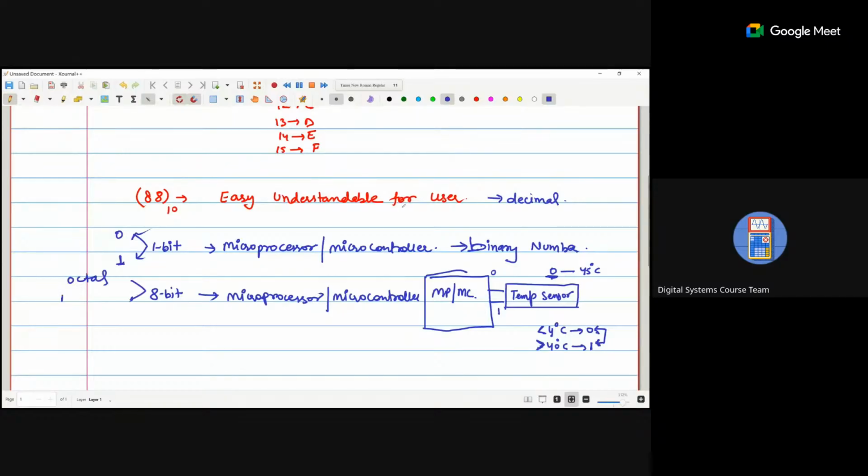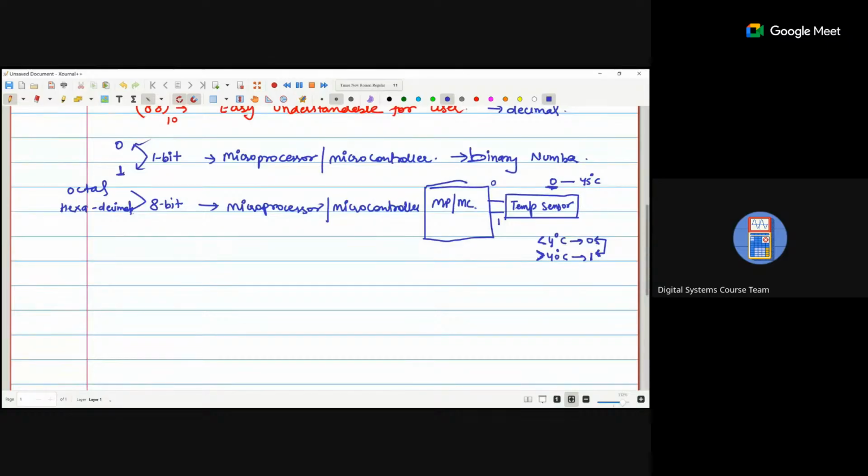Nowadays we are using the representation in the case of hexadecimal. The best example is your laptop MAC ID. If you go with the laptop MAC ID, that is a 16 or hexadecimal representation.